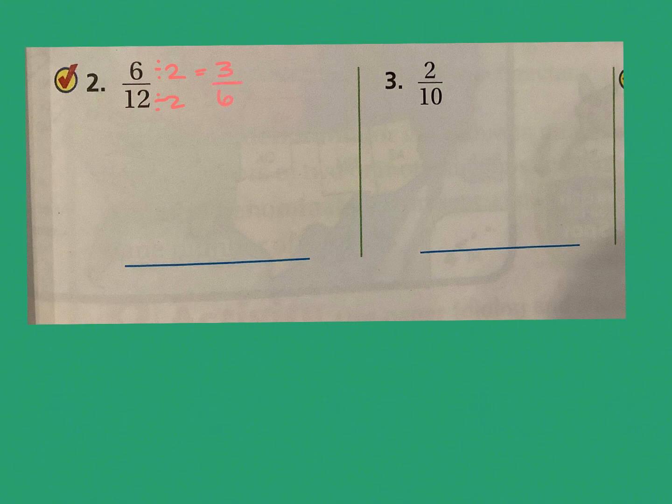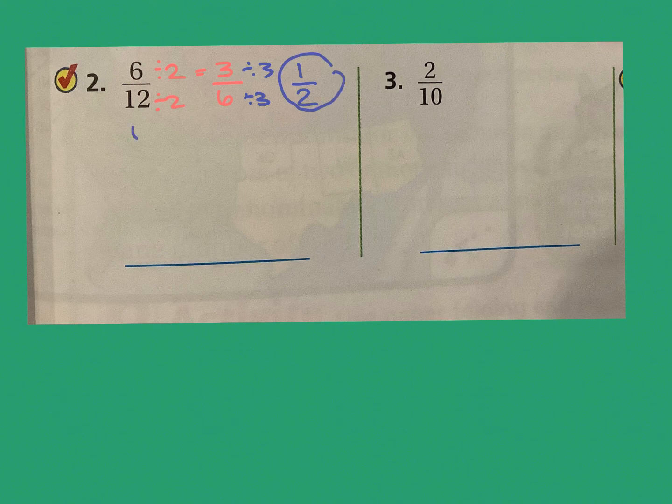Oh, but look at this. I can see that 3, 6, there's a number that can divide evenly into both 3 and 6. 3 does, right? So I'll go ahead and divide again. 3 divided by 3 is 1, and 6 divided by 3 is 2. And that's as low as I can go. That's my most reduced form.